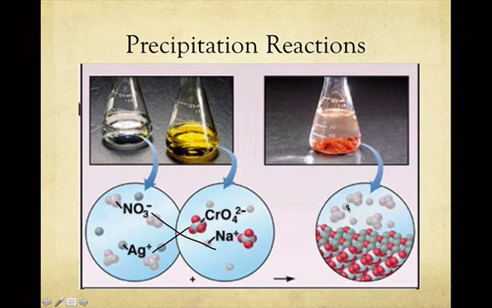The ions are still here and you can see them. Here's a sodium ion, here's a nitrate anion, and they're still floating around in the water. What happened though is the silver joined up with the chromate, it became insoluble, and that's what we're seeing as this orange colored precipitate coming out of solution. So this is just a refresher on what happens in these double replacement reactions, which we sometimes call precipitation reactions.